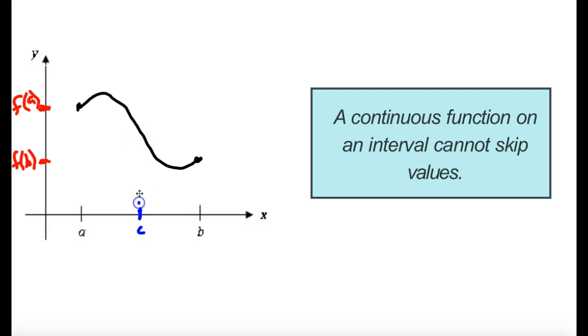If we think about coming up here to the function, we are guaranteed to hit every single y value in between. And again, it's not only those y values. As we can see here, this function goes a little bit above f of a and a little bit below f of b. But what this theorem guarantees us is that we will hit every y value in between. And that seems kind of common sense.